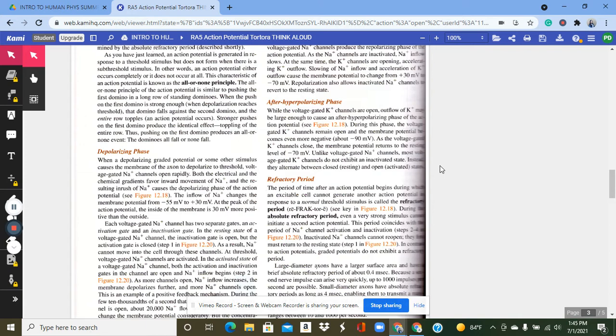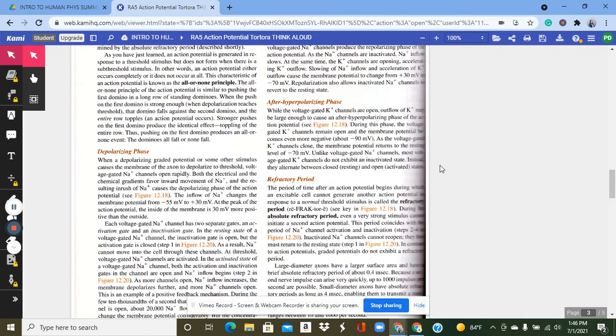See figure 12.18. During this phase, the voltage-gated potassium channels remain open and the membrane potential becomes even more negative, about negative 90 millivolts. As the voltage-gated potassium channels close, the membrane potential returns to the resting level of negative 70 millivolts.